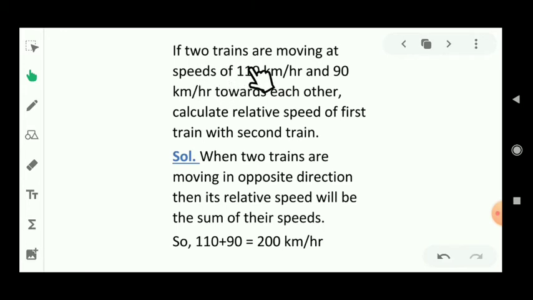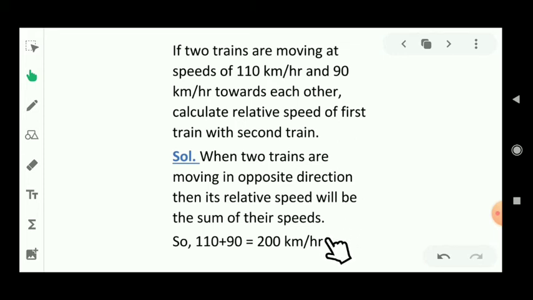Next is, if two trains are moving at a speed of 110 km per hour and 90 km per hour towards each other, means they are moving in opposite directions. So we have to calculate the relative speed of the first train with the second train. Students, when two trains are moving in the opposite direction, then the relative speed will be the sum of their speeds.